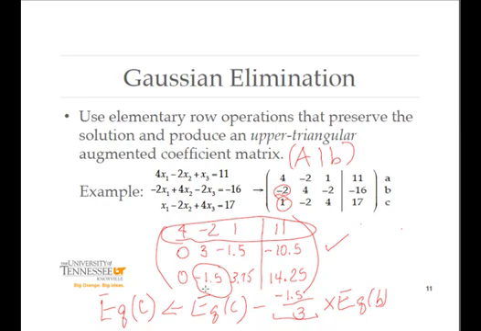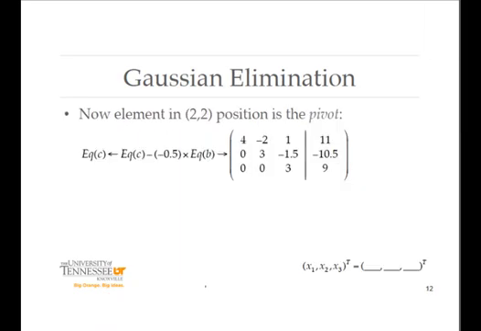Go to the next slide, and now what we see is that we've actually produced the upper triangular form that we need, so that this reflects the preservation of the original solution. This implies that this matrix times x1, x2, x3 equals what this right-hand side is. So let's just write out what those equations really are now.